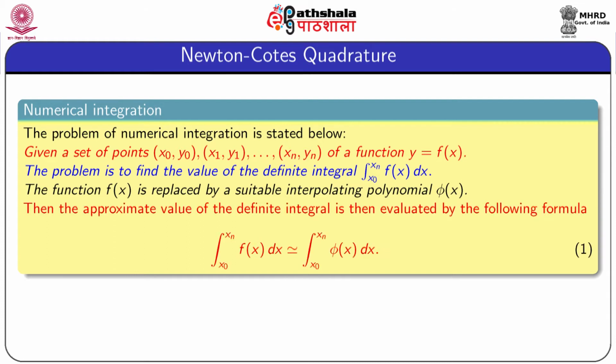Then the approximate value of the definite integral is evaluated by the following formula: the integral from x0 to xn of f(x) dx is approximately equal to the integral from x0 to xn of phi(x) dx. So this is the main principle of the Newton-Cotes quadrature formula.